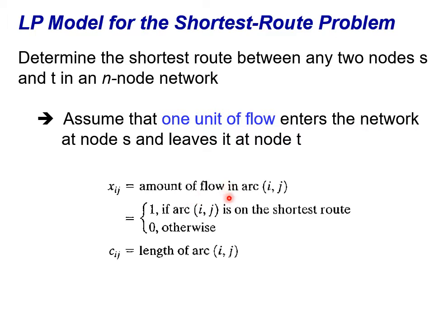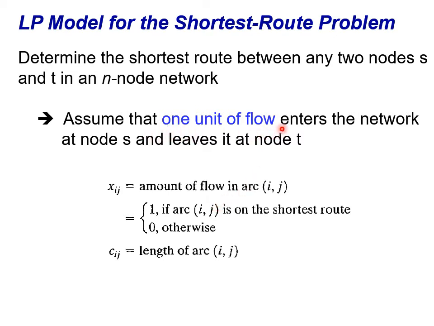But in the shortest path problem, although we are formulating it similar to a maximal flow problem, in fact we are not dealing with the amount of flow. We consider whether an arc is on the shortest path or not. So if a flow passes through an arc, we will assume that it is on the shortest path, otherwise it is not. And for this reason, we shouldn't allow a flow of, let's say, 0.1, 0.5.